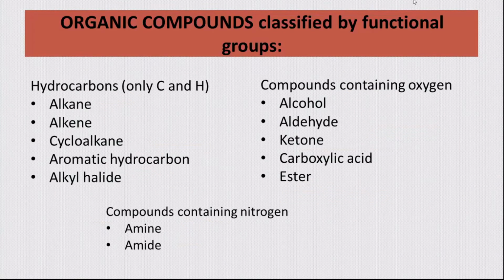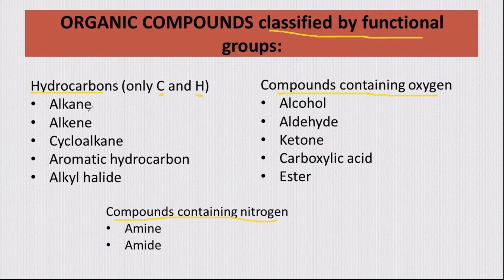Another one, organic compounds are classified by functional group. These are the hydrocarbons, compounds containing oxygen, and compounds containing nitrogen. Hydrocarbons contain two elements only, that is carbon and hydrogen.